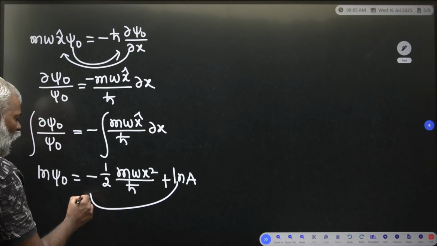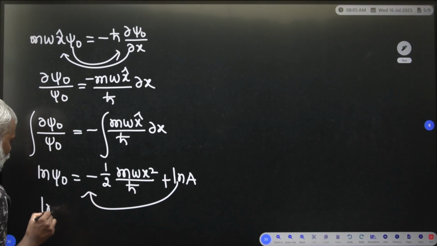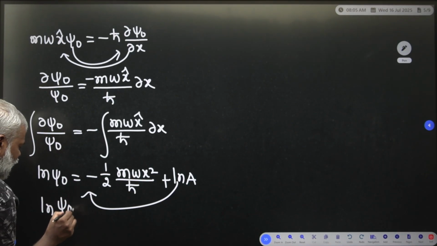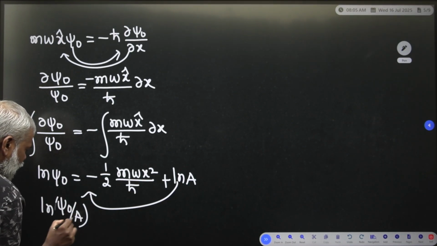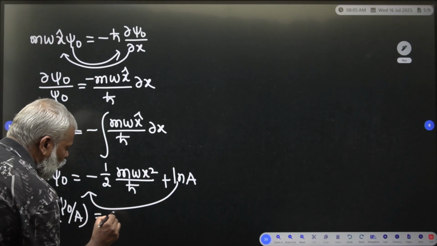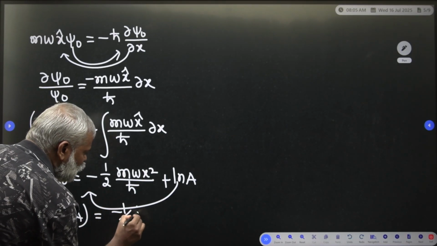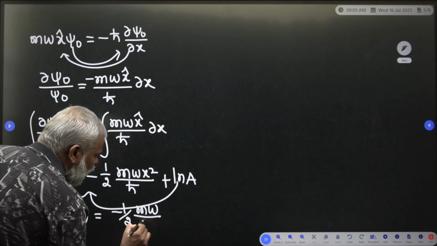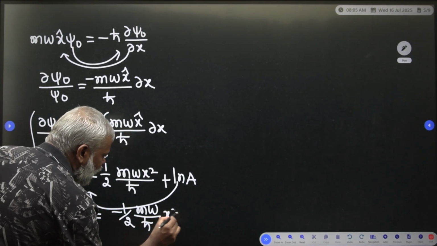This is the integral constant. This ln a you have to bring to this side. ln a minus ln b is equal to ln of a by b, so ln psi 0 by a is equal to minus 1 by 2 into m omega by h cut into x square.